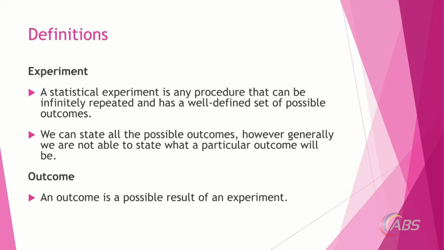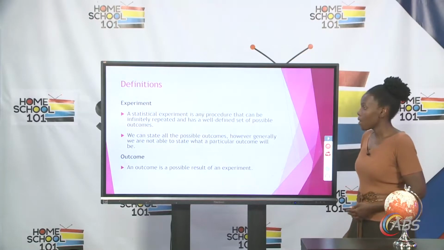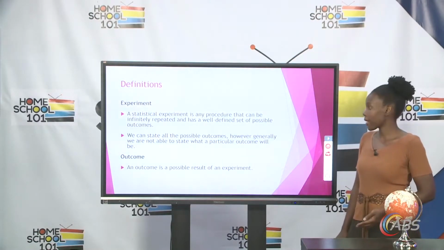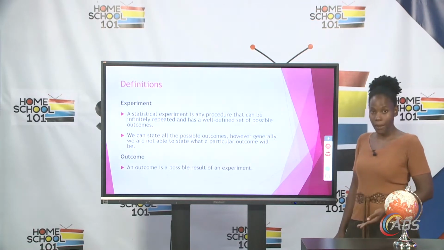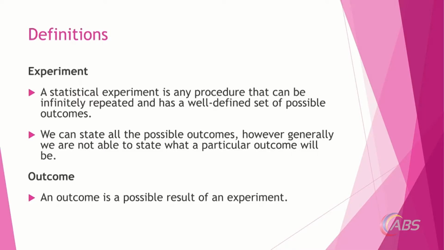We will go through some definitions of terms that you will see being used as we go through. The first term is experiment. A statistical experiment is any procedure that can be infinitely repeated and has a well-defined set of possible outcomes. Although we're able to state all the possible outcomes, we're not able to state what a specific outcome would be.